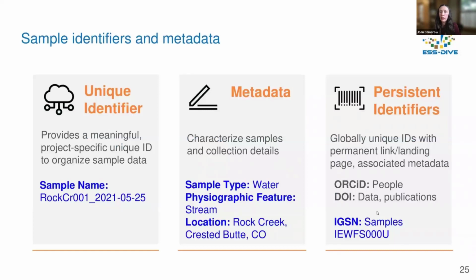Next. And to make sure we're all on the same page with terminology, I'll just define a few terms. Many of you are very aware of some of these terms, but they have a slightly different meaning in the context of samples. So a unique identifier provides a meaningful project-specific unique identifier to organize and track sample data within a given project.